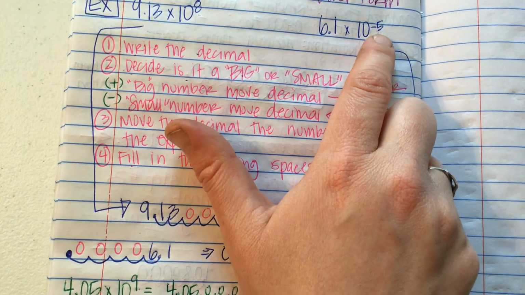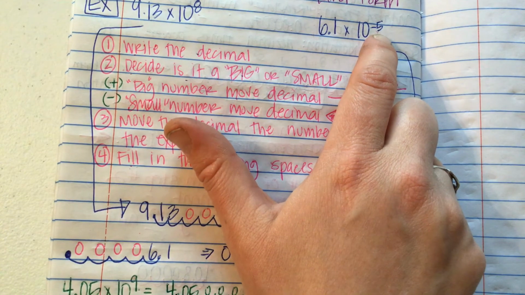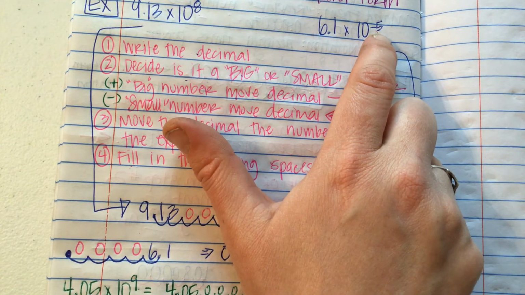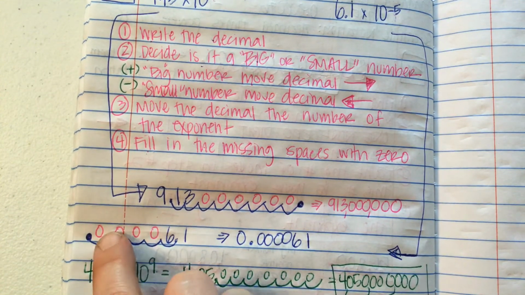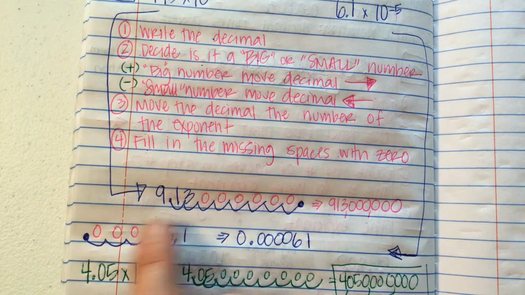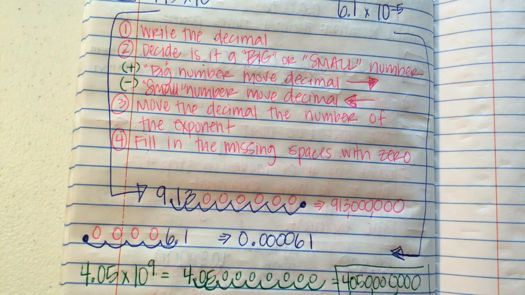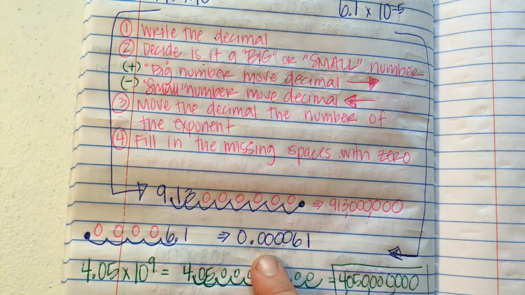I knew it was going to be smaller, so I have to move backwards. I have to move it to the left. I'm going to move 5 times. 1, 2, 3, 4, 5. Fill in my zeros, my gaps with zeros, and then write my answer.